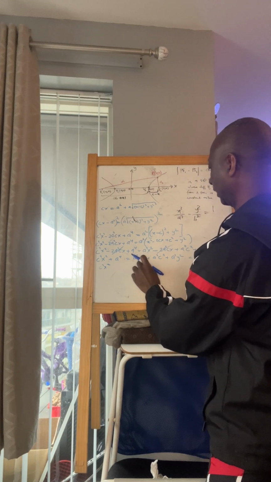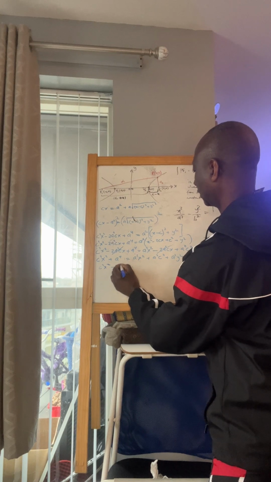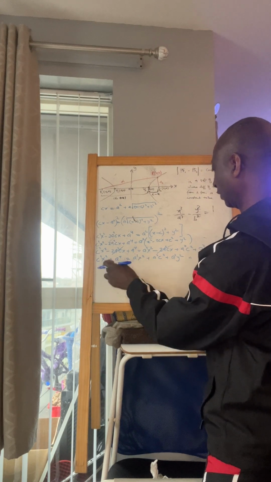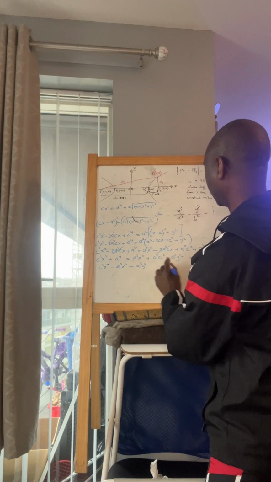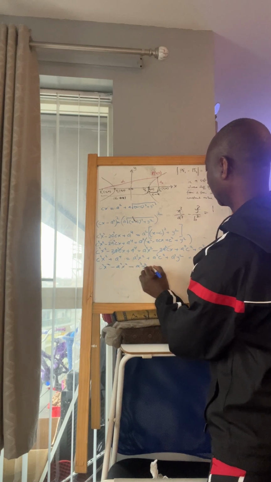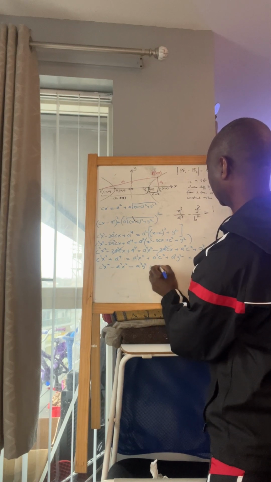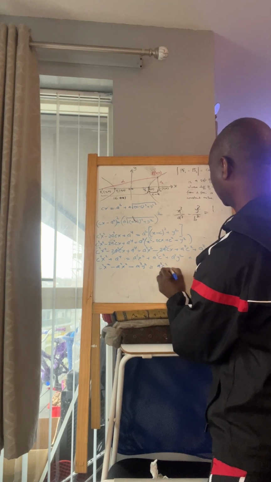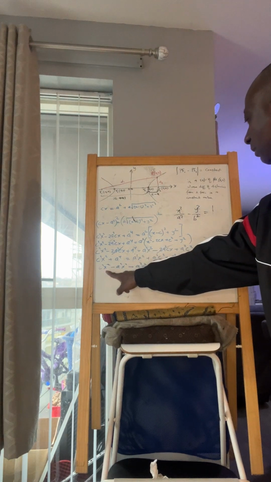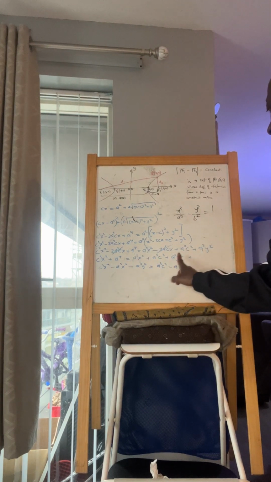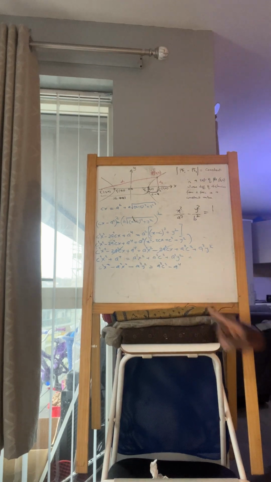I'm bringing this one here again, minus a squared x squared over the equality sign, minus a squared y squared, this goes over the equality sign, equals a squared c squared minus a raised to the power of 4. Can you see this? c squared x squared. I'm bringing this, and I'm bringing this as well. And then I'm just bringing this over the equality sign.